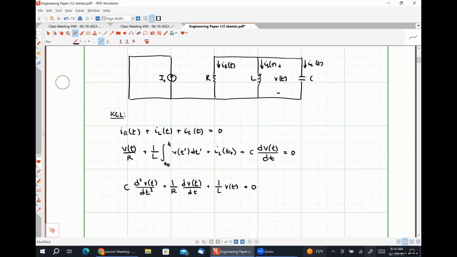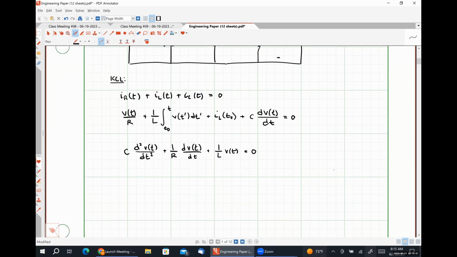And now I'm left with a second order differential equation. I could stop here, but I'm going to take this one step further for something that we're going to do at the beginning of next week. All I'm going to do is divide through by C so that the coefficient of my second derivative term is 1.